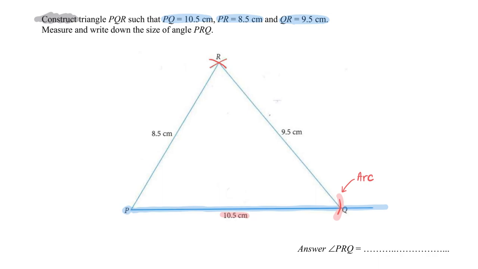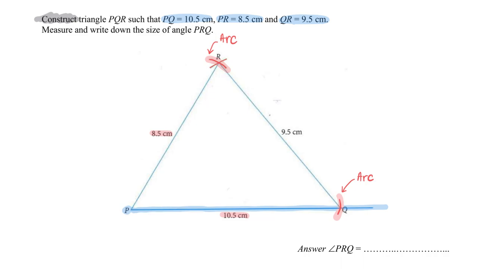So using this same idea, now for PR, for this line PR, again use a compass to measure 8.5 cm and then draw an arc here. Again we need to see this arc so that we know you are using a compass to construct this line.